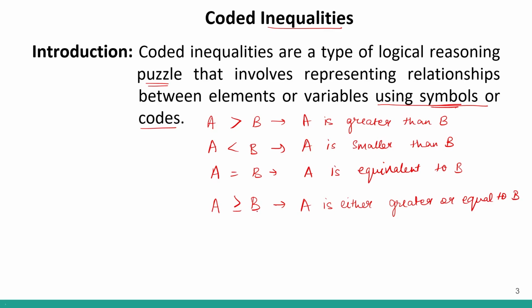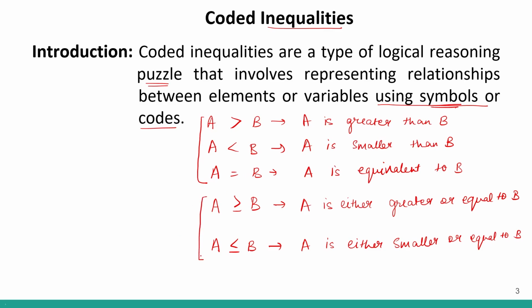A could be greater than B or A could be equal to B. Similarly, we have this symbol, which means A is either smaller than B or equal to B. So in these two symbols, there are two possibilities, whereas in the other three symbols there was only one possibility: either A is greater than B, A is smaller than B, or A is equal to B. Three possibilities individually. In these two scenarios, we have two possibilities, either greater or equal to, or smaller or equal to.